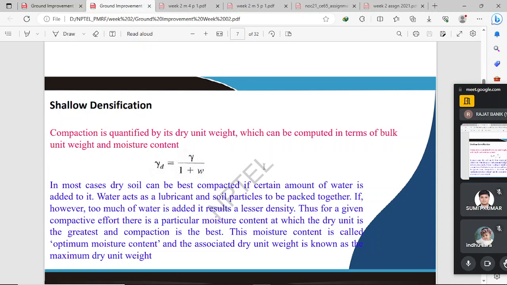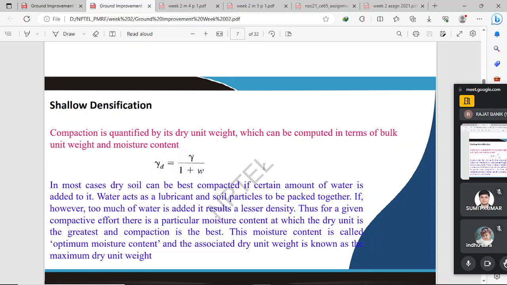Shallow densification is different from consolidation. In consolidation we apply water to completely saturate the ground. But in shallow densification, which is also called compaction, we need not saturate the ground; we need some amount of water. Why?